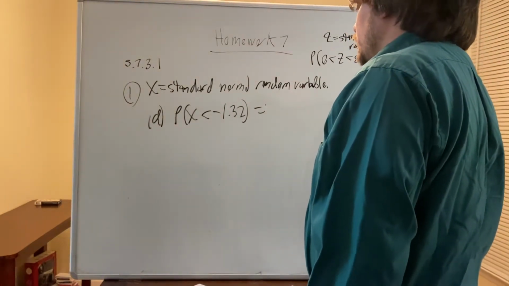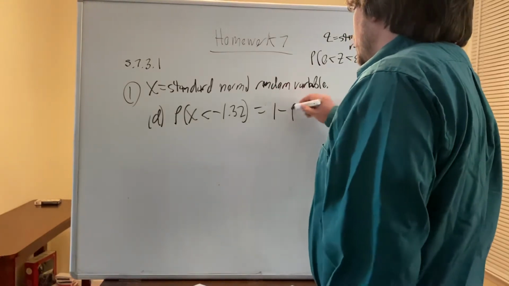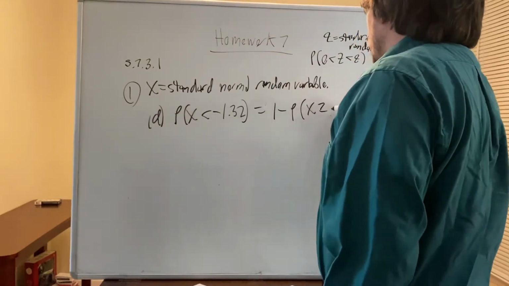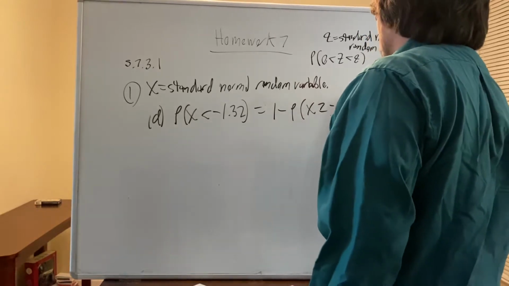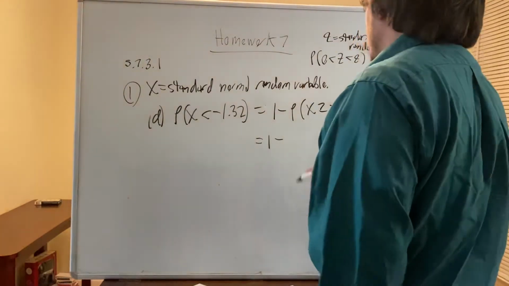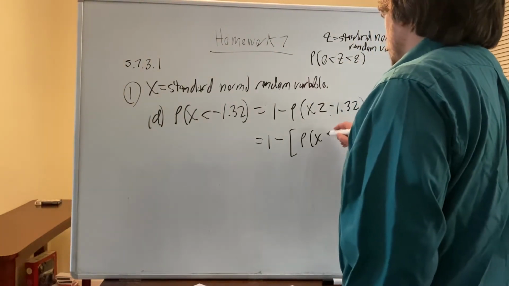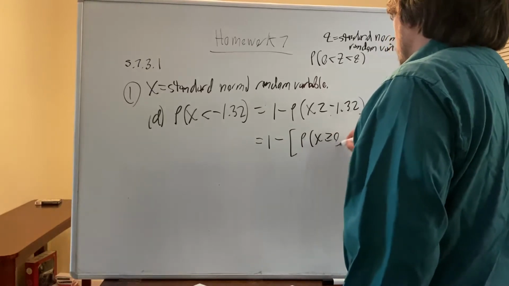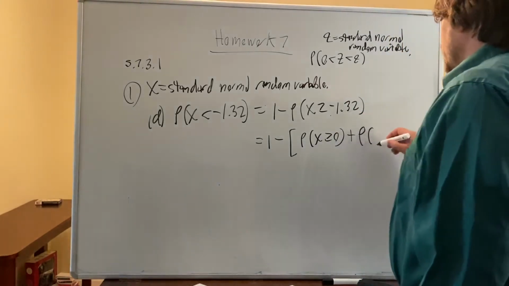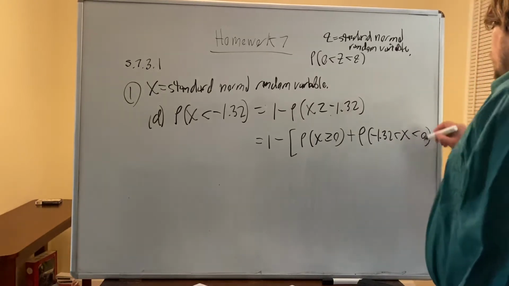Well, that's 1 minus the probability that x is greater than or equal to negative 1.32. And so this is 1 minus the probability that x is greater than or equal to 0, plus the probability that negative 1.32 is less than x less than 0.